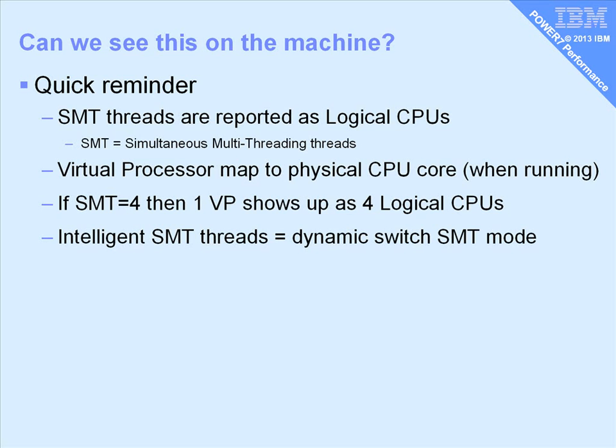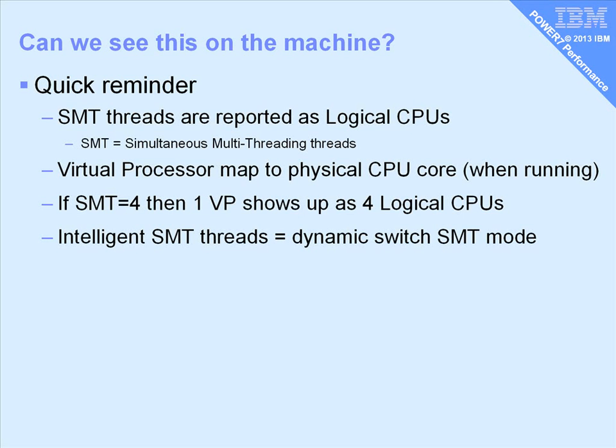Quick reminder then, SMT threads are reported by the tools as logical CPUs. The virtual processor is mapped to a physical CPU core when it's actually running. And if we have SMT4 switched on, then one virtual processor will show up as 4 logical CPUs.